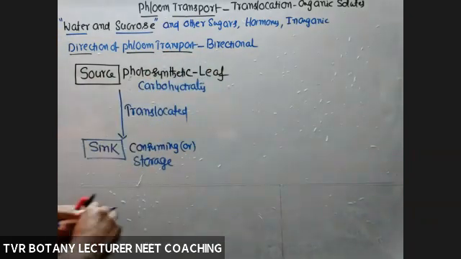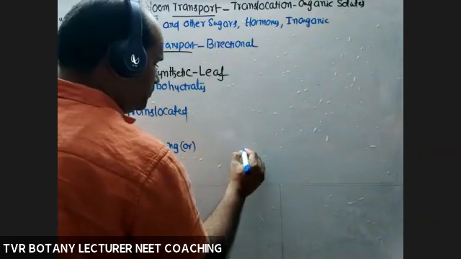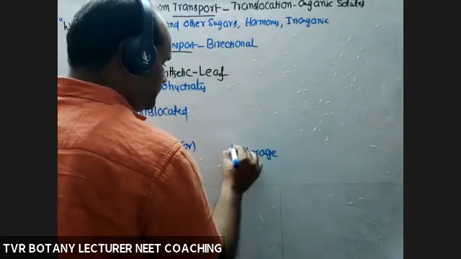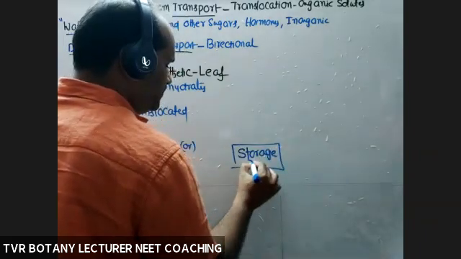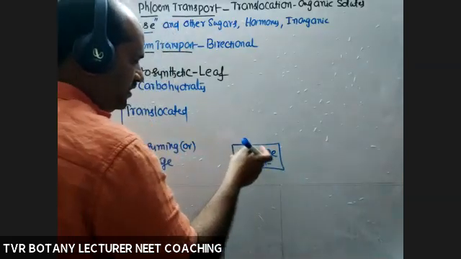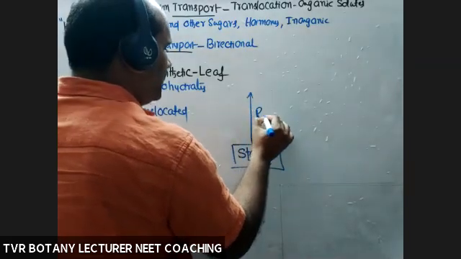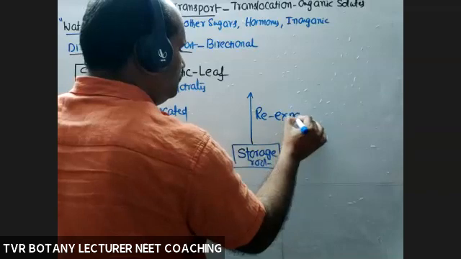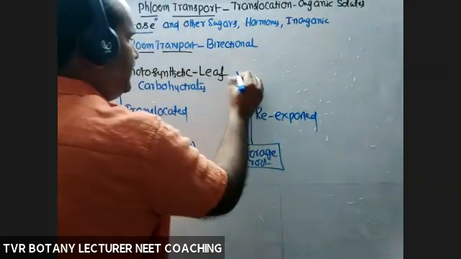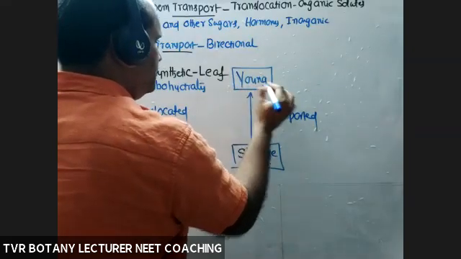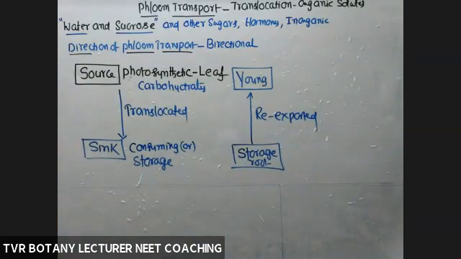But in some cases, for example, storage roots and photosynthetic roots. Whatever food is reserved in the storage root is remobilized or re-exported into young tissues, various parts, also during the rainy season or spring season, the early growing season.